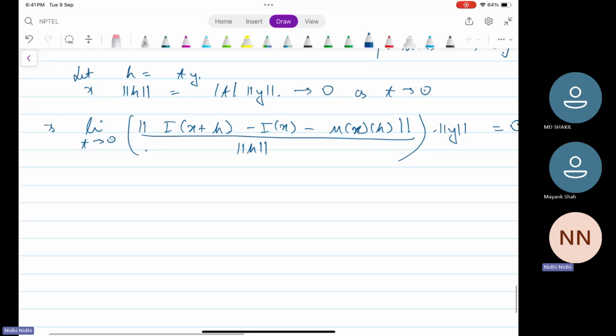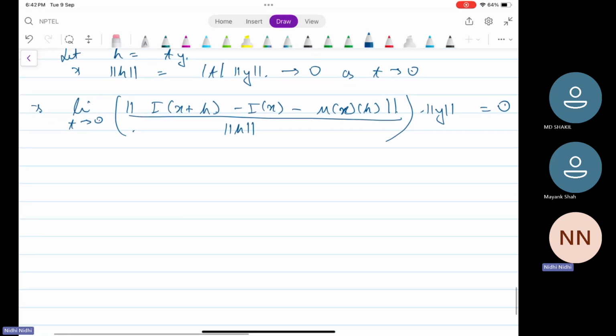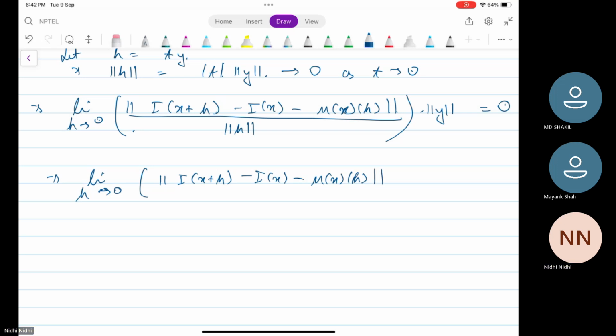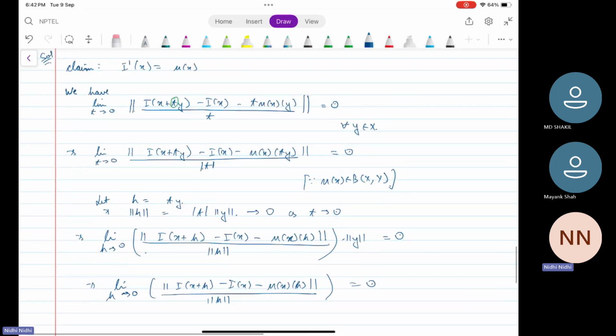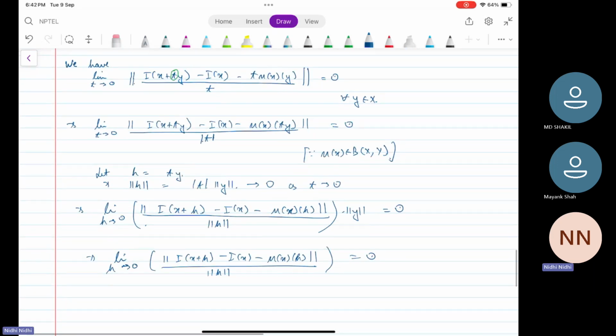Now since y is non-zero, this will give us limit t tending to 0 of I(x plus h) minus I(x) minus u_x h over norm h. Now this is 0 because everything was happening for every y. So we need not fix y to be 0. So eventually this term should be 0.